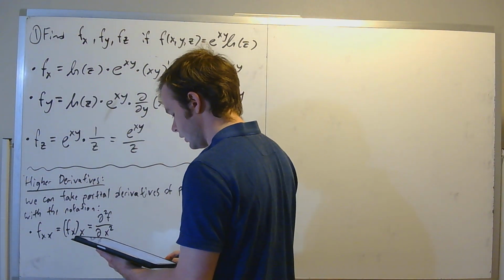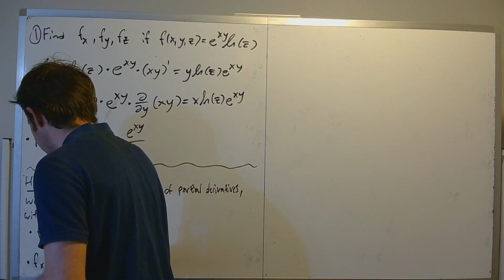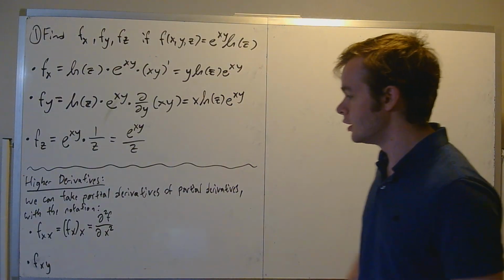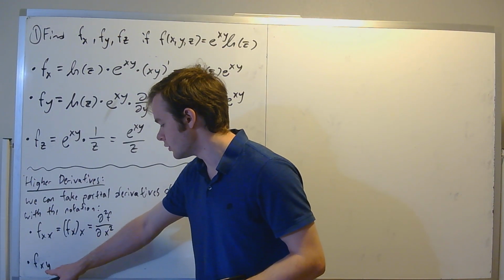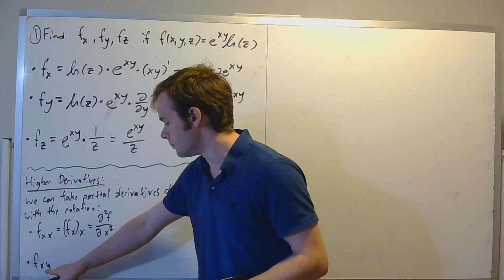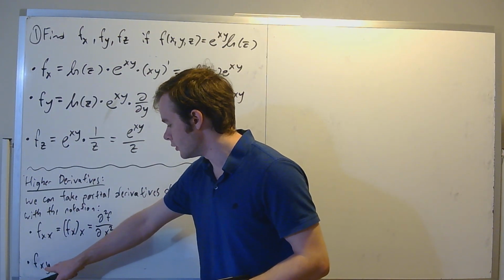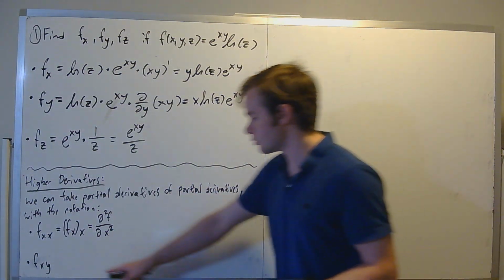Let's say we instead did partial derivative with respect to x, and then after that we took the partial derivative with respect to y. So you always read these from left to right. So you do the left thing first, then the next leftmost, and so on, right? So the leftmost one, and then the one next to that, and the one next to that, and so on. So that's the order we read it.